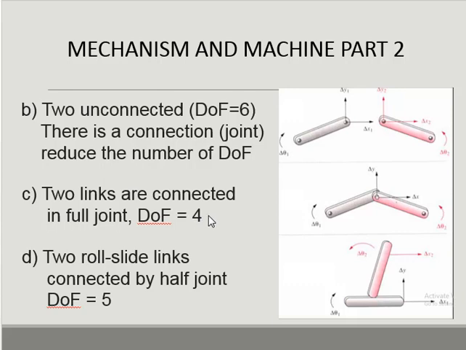And the third condition: if two links are connected by a full joint, they have 4 degrees of freedom. If we have 2 links like this joined with one pin, the degrees of freedom will decrease because 2 directions are removed.